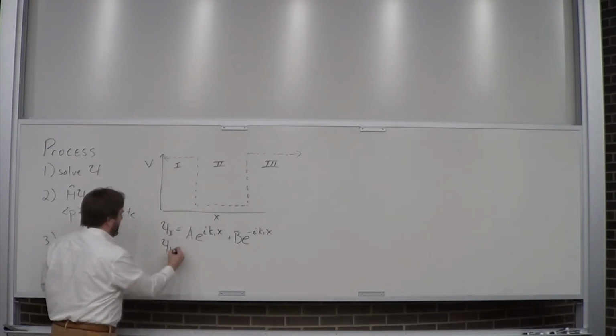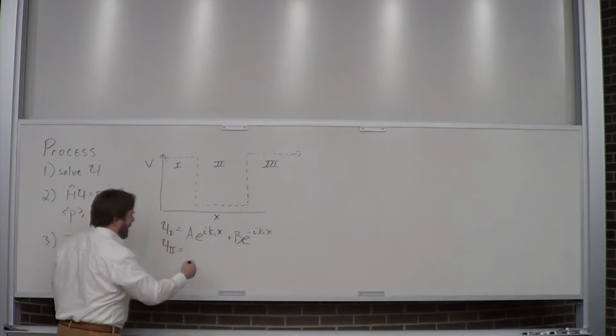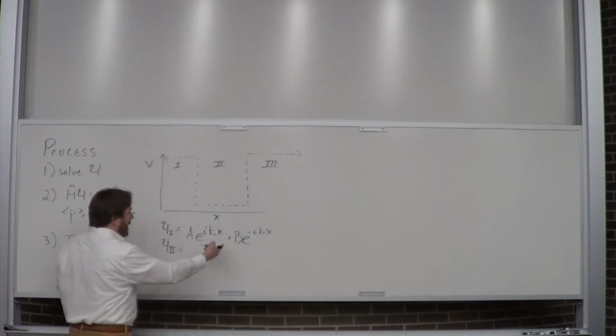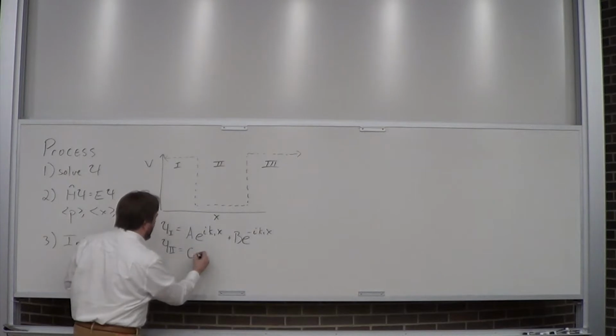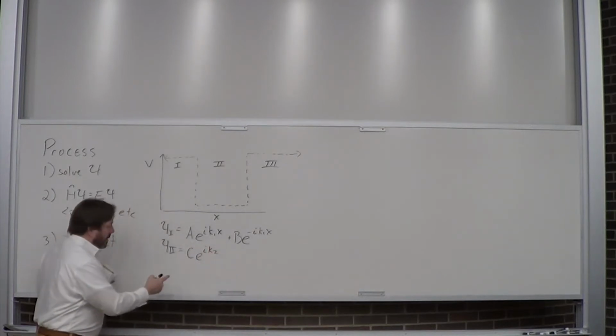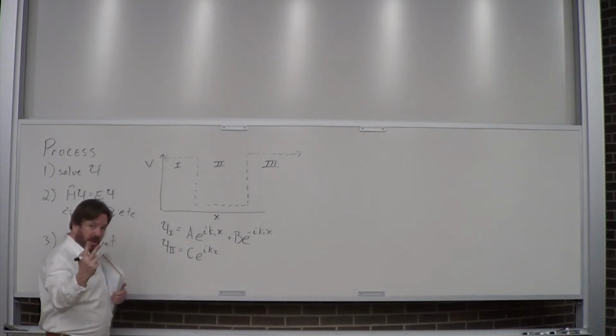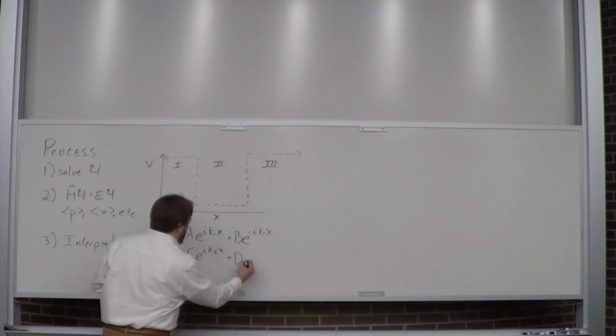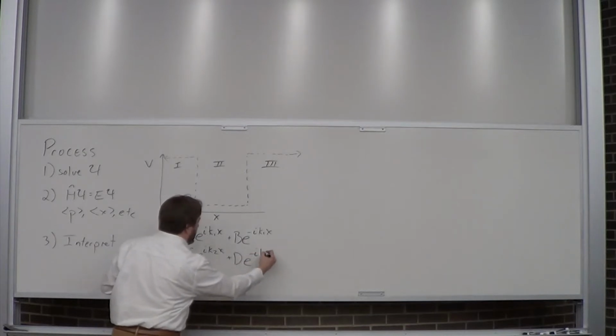Now notice what I'm going to do here. I'm going to write the same thing down twice more, except the coefficients won't necessarily be the same. Region 2 has k2: C e to the i k2x plus D e to the minus i k2x.